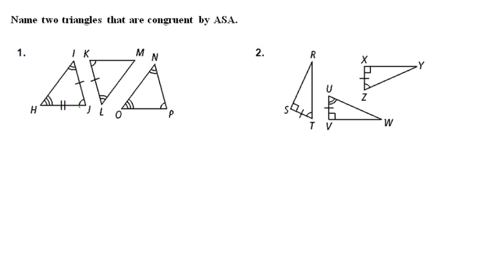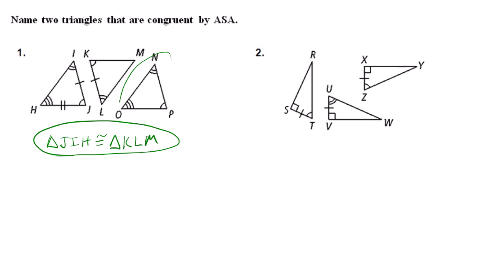So I can say that triangle JIH is congruent to triangle, and then we have to get the corresponding parts in the right order. So J goes with K, L goes with I, because those are congruent, and then of course M will go next. All right, so these two triangles are congruent.